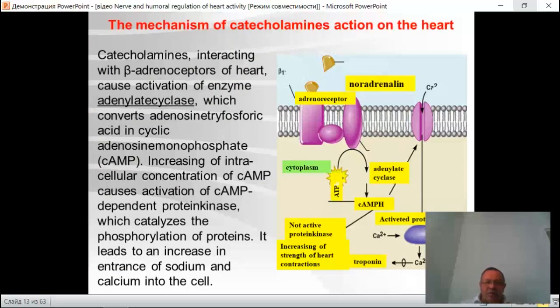The mechanism of catecholamine action on the heart.